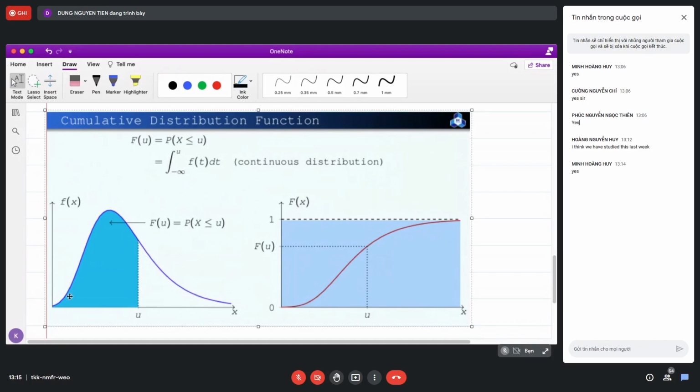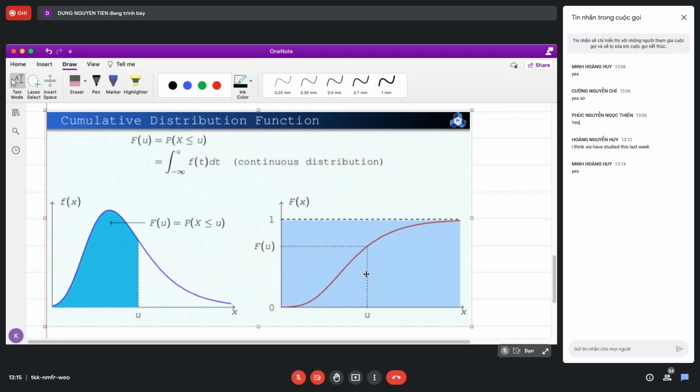All right. And if you have a look at the first graph, you have a blue curve, which is the density function. And then you compute the integral from -infinity to u. You should get the area of the blue region, which is the probability that x is less than or equal to u. Okay.